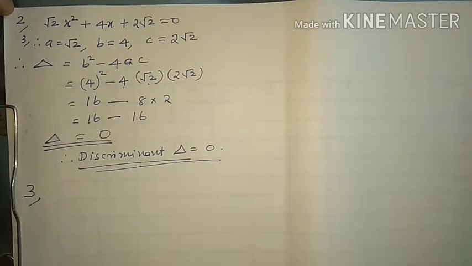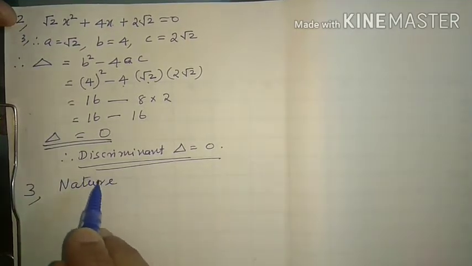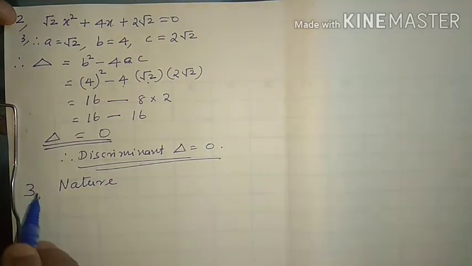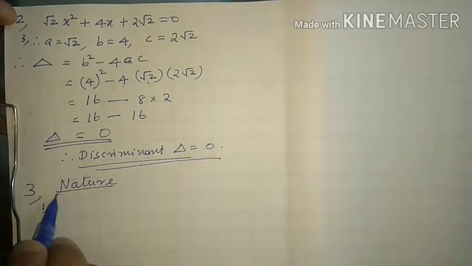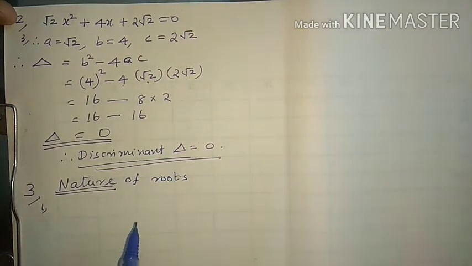Now question number 3. Determine the nature of roots of the following quadratic equations. We have to find out the nature. Nature means what? Whether it is real or not real or equal. Question number 1 of this. Nature of roots.